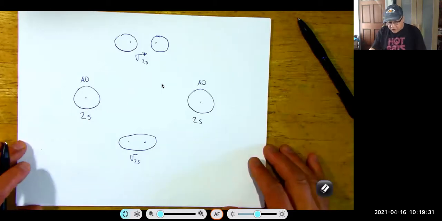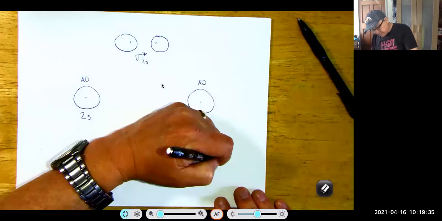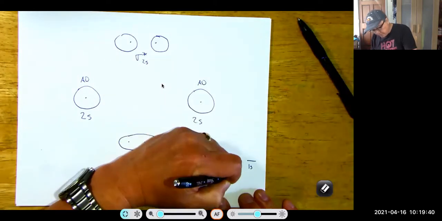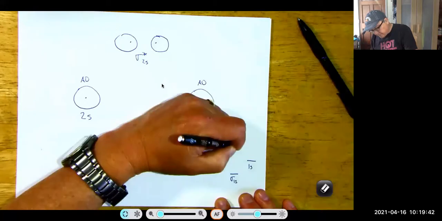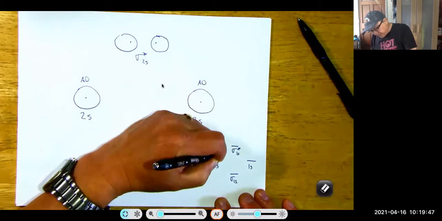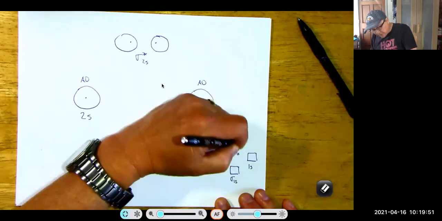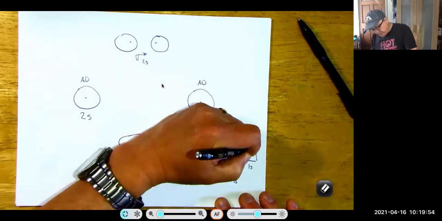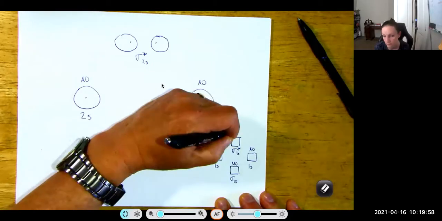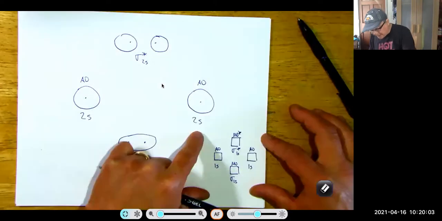But if we wanted to draw these out, we would do this. So I'm going to make these boxes. And we know these boxes on the outside are AOs, right? And these boxes on the inside are MOs. Now, if I wanted to add this to this, it would look like this.